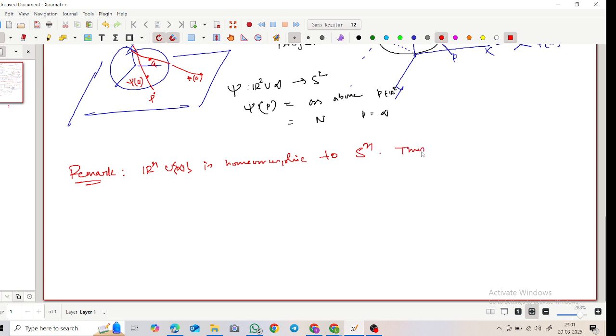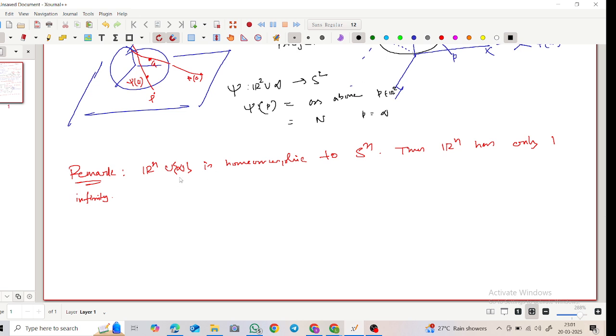Thus, Rn has only one infinity. Now one might ask, what is the topology in Rn union infinity?